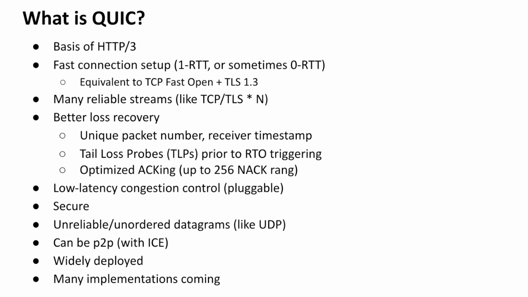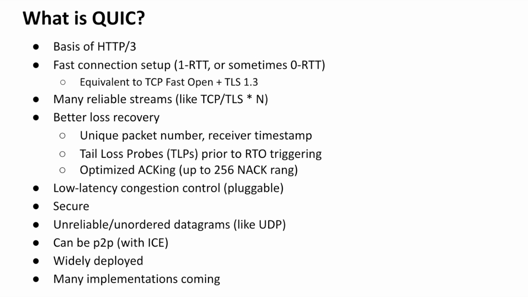And there's a number of reasons for it, but one of the things that particularly contributes is what's called tail loss probes, which can avoid triggering false RTOs. And also the ACKing is much better. You can get up to 256 NACK ranges, which makes a big difference if you've got a lot of loss. Now, another thing is that QUIC is secure by default.